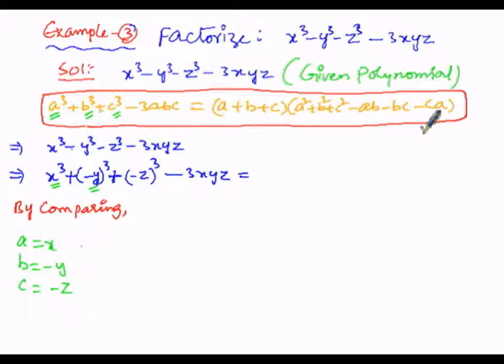So the a value is x plus b, which is minus y, within bracket, plus c, which is minus z, within bracket, square bracket close.